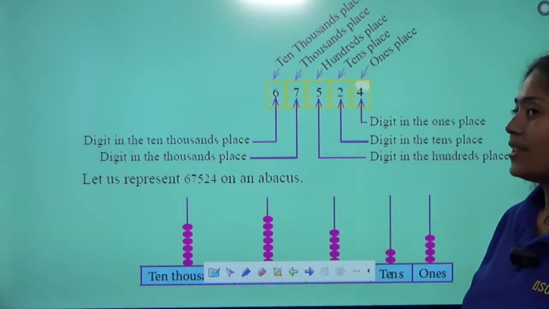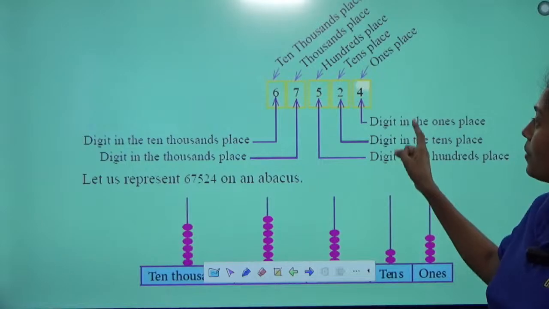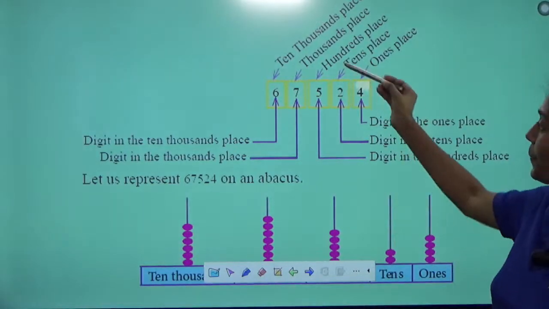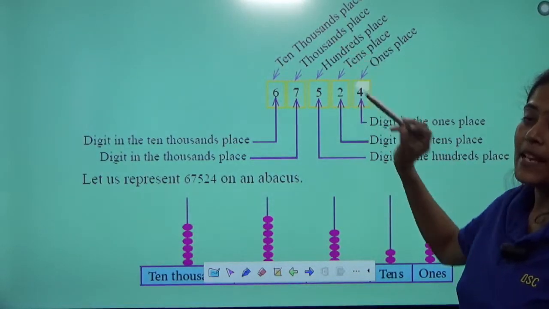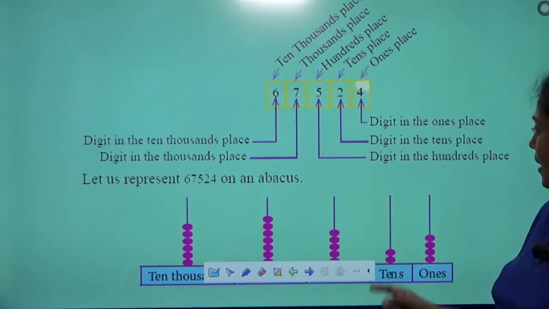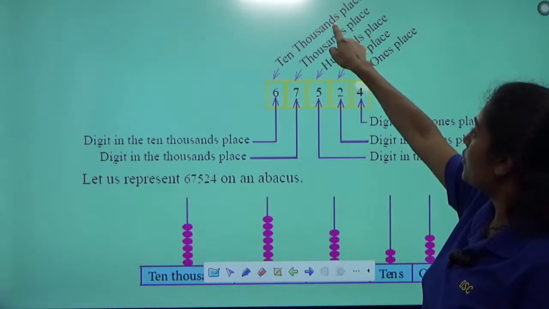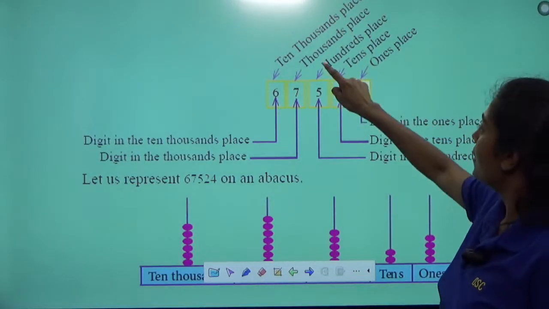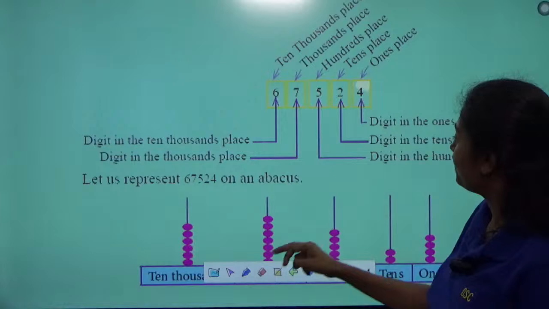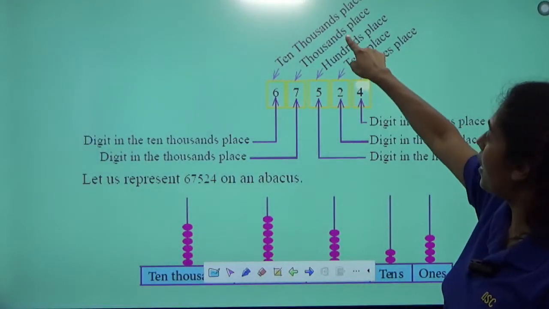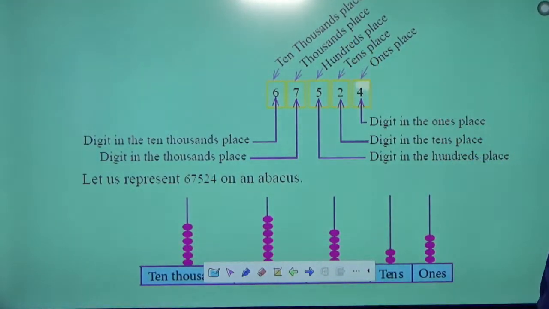Yes. Shall we note this down also? Because you have to write the spellings correctly, that's why I am asking you to write. 10,000s, here you should add S. Thousands place, not thousand, thousands with S. Hundreds, again with S. Tens, ones.